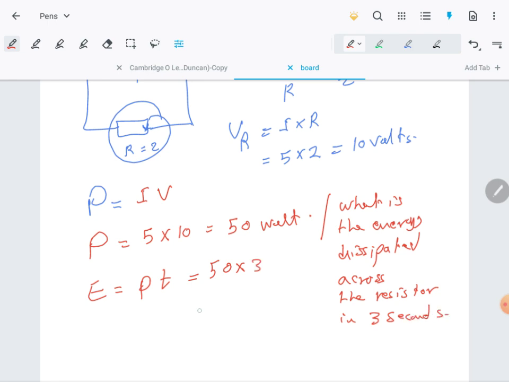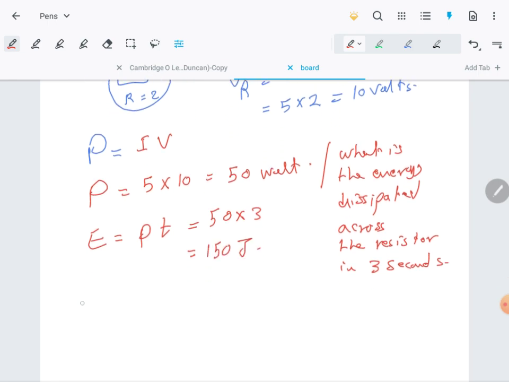So it's 50 multiplied by 3, so it's 150 joules. Or I can use the relation IVT and substitute the variables. I is 5, multiplied by V is 10, and the time is 3, so it's 150 joules.